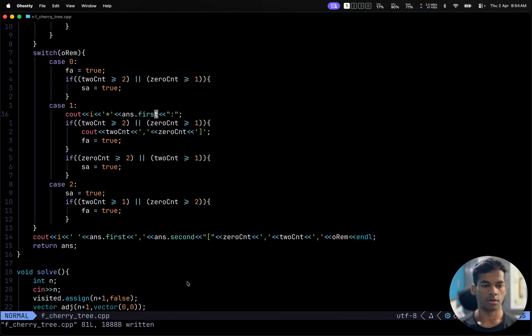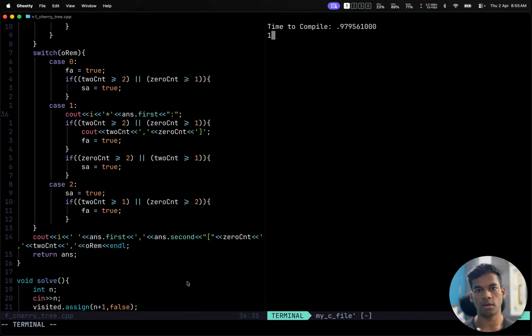Compile. 7, 1 2, 1 3, 3 4, 3 5, 1 6, 1 7.